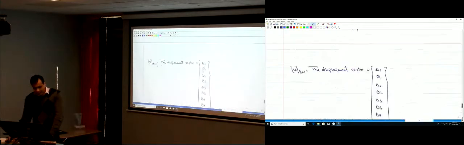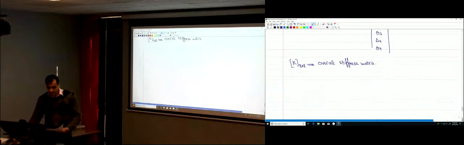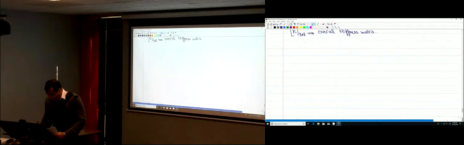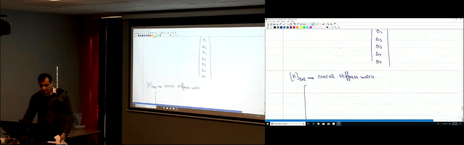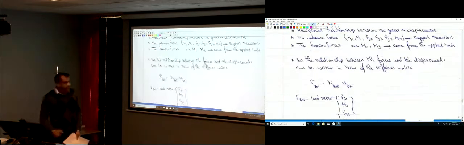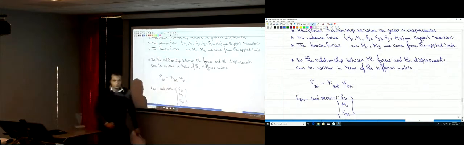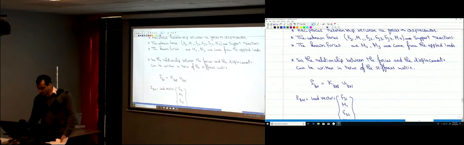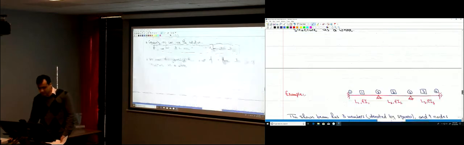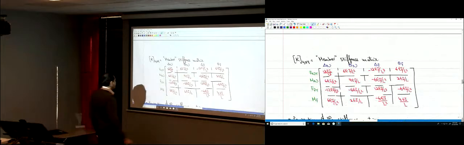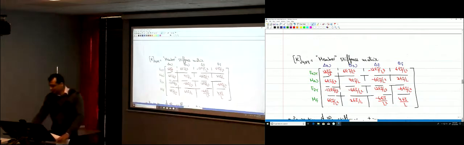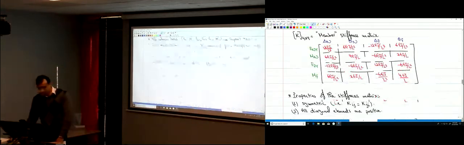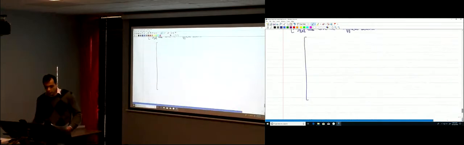So now we have the overall stiffness matrix. It's 8 by 8. But now this K relates those P with those U. So it relates forces to displacements, exactly like this one did. So now let's label our overall stiffness matrix. It relates 8 forces to 8 displacements.